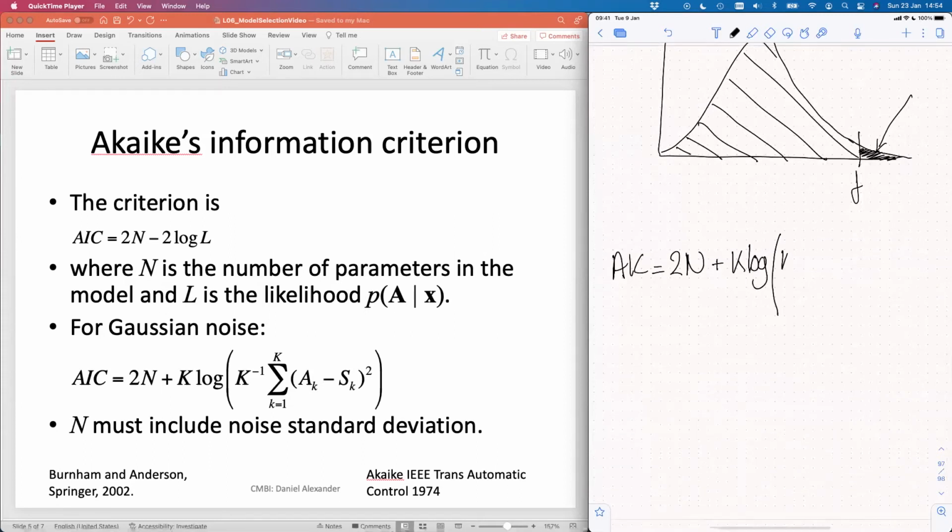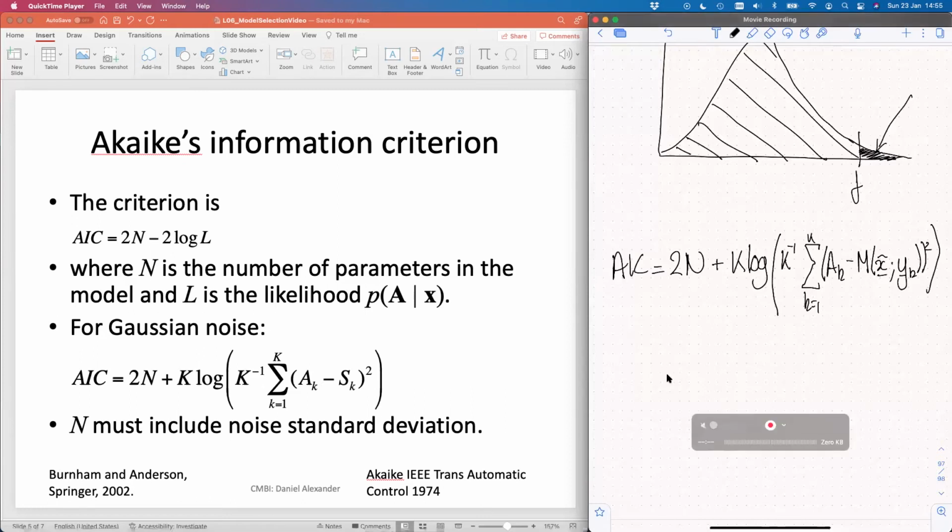So I'm going to write 1 over k, the sum of a_k, the measurement, minus, we were using m for the model, at the best fit parameter values, evaluated at the kth combination of independent variables, squared, with k from 1 to K.